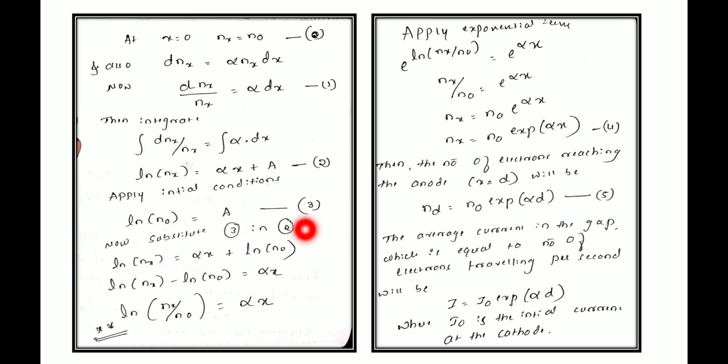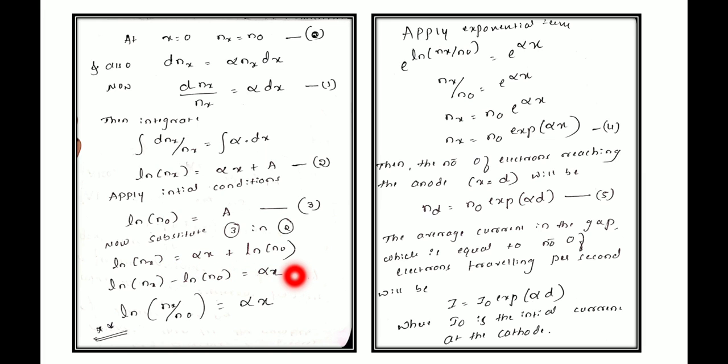Now substitute equation number 3 into here. Then what we will get: ln of n(x) is equal to alpha into x, and instead of this integral constant, what is there? ln of n naught. Is it right? Getting all of you? See here. Then ln of n(x), I will take this term to the LHS. ln of n(x) minus ln of n naught will be equal to what?